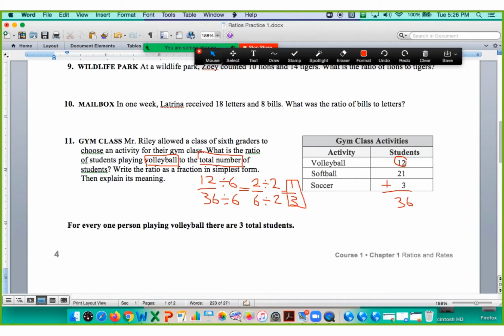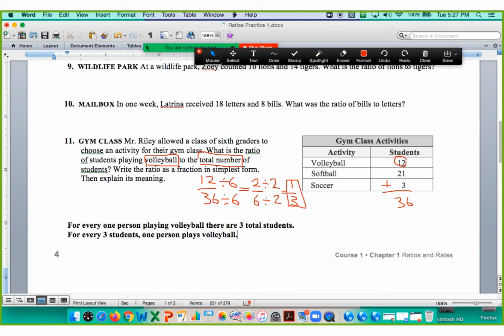And you could write in your own words. So for every 1 person playing volleyball, there are 3 total students. Or if you want to say the other way around, you can. You can say it backwards. So you can say for every 3 students, 1 person plays volleyball.